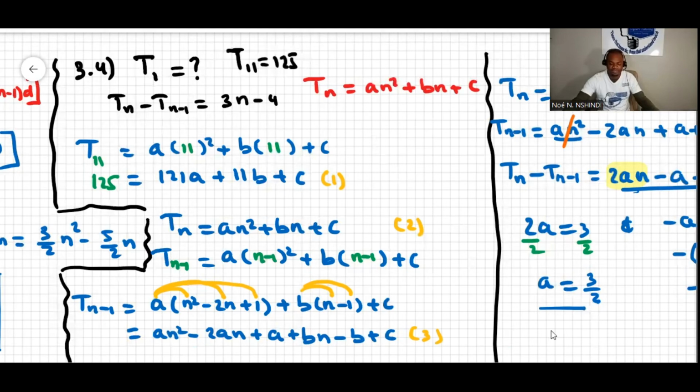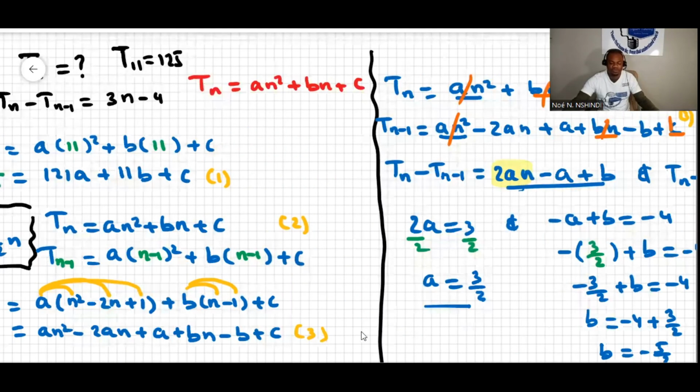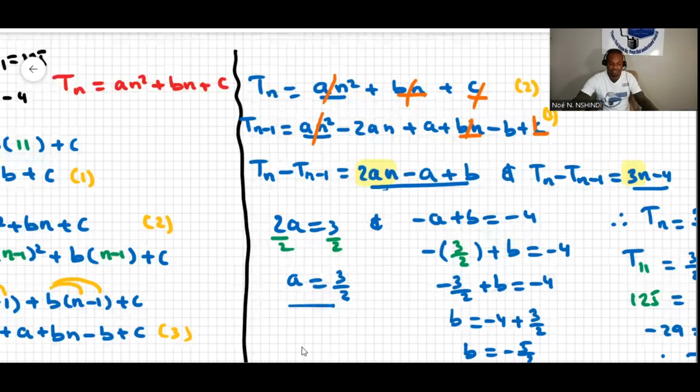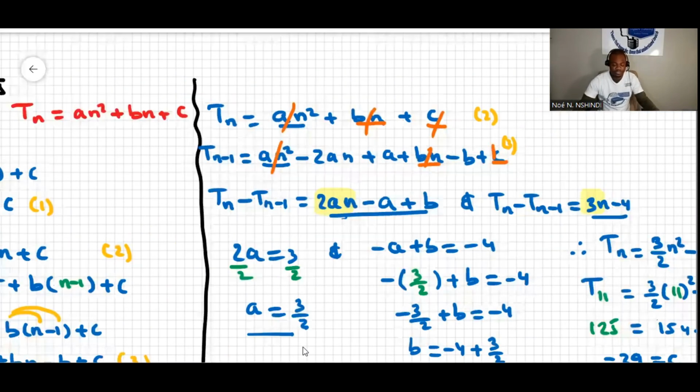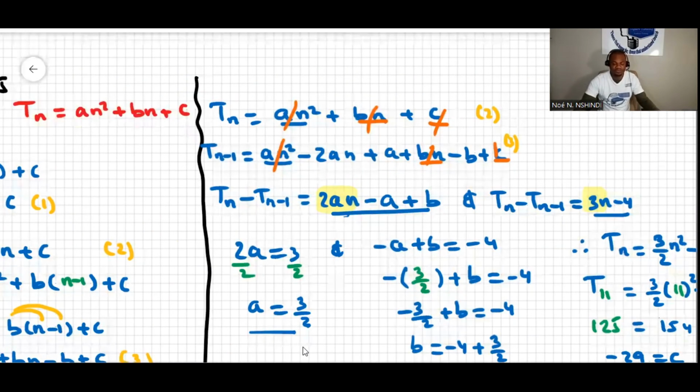Then next, I just do equation 2 minus equation 3. Now, when we minus, be careful here because of the sign. We cross this, and then an squared and n squared cancel, bn and bn, c and c.